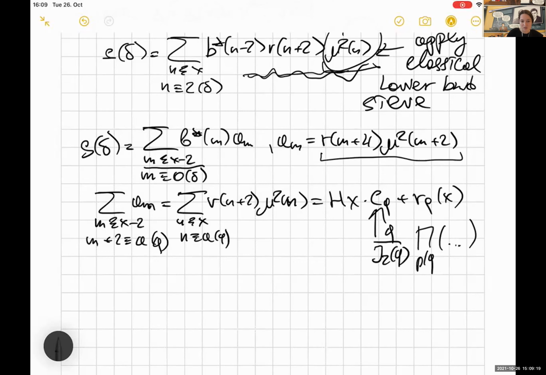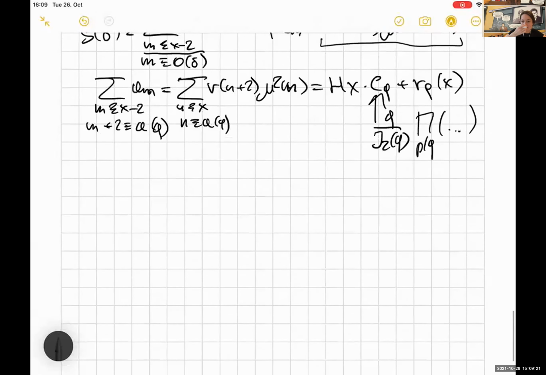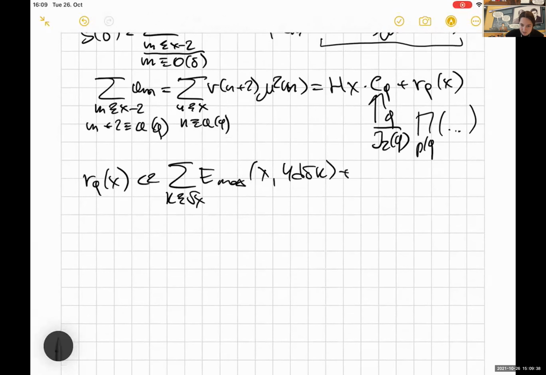But what we also know is that the error term r sub q of x is going to satisfy the estimate sum over k up to root x, Emax of x for d delta k plus root x. And then the important part is to make this small.